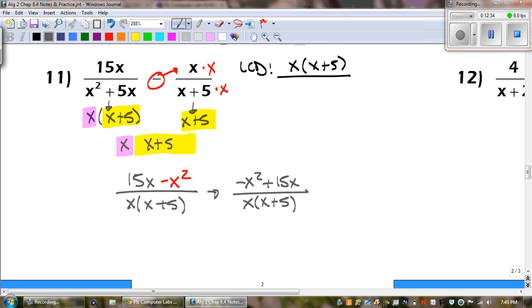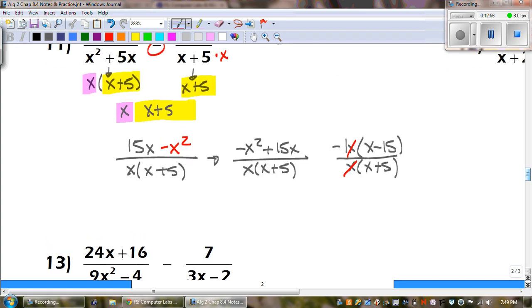Now, can I take anything out? Yeah. We can factor out a negative 1x, and we're left with x minus 15. Okay? And what do they all have in common? Well, I can take out an x from the top and bottom. And then we're left with our final answer of negative 1, x minus 15, all over x plus 5.